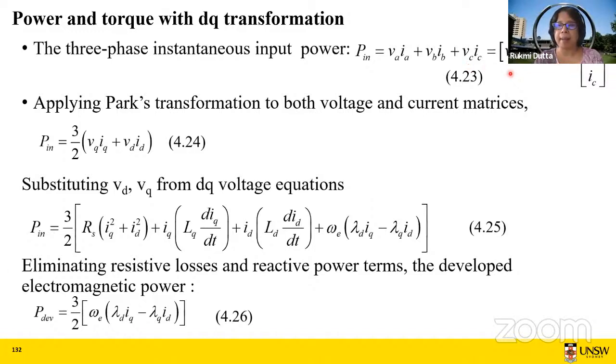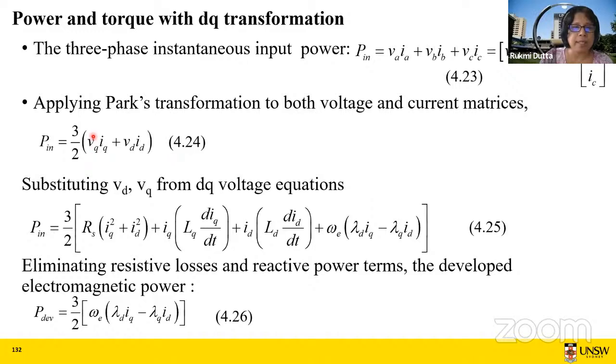And then if we apply Park's transformation to this voltage matrix and to our current matrix, and do a lot of matrix algebra, at the end, what you're going to get is a simple thing, 3/2 (VQ IQ plus VD ID). So that's the input power.